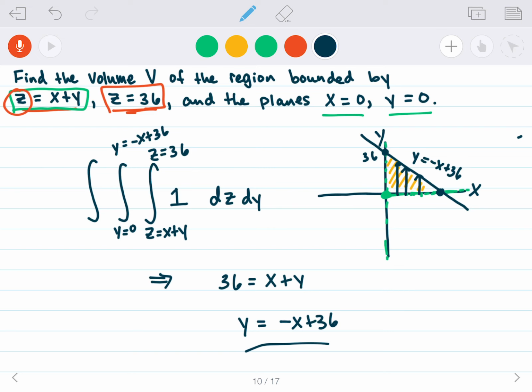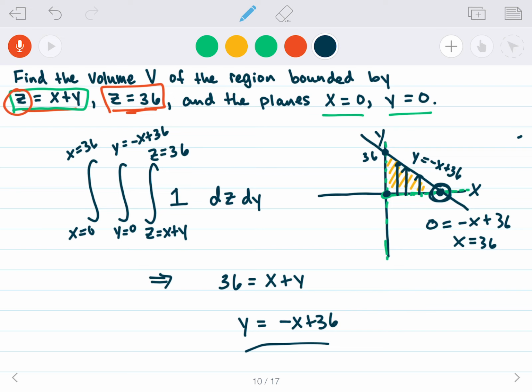Well, that's going to be x equals 0. And what's my rightmost x value? My rightmost x value is this guy. That is when y equals 0. And when y equals 0 in this function, I get 0 equals negative x plus 36. Solve for x. x is 36. So that's my rightmost value right there.